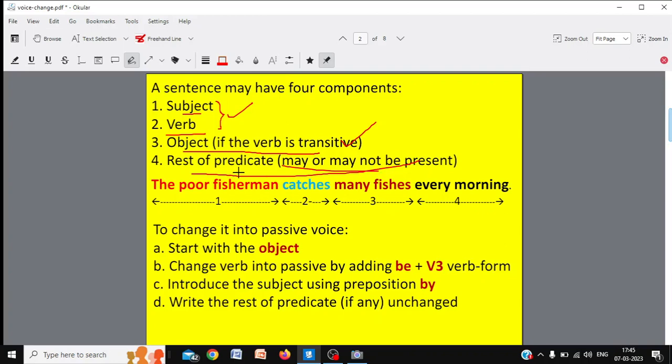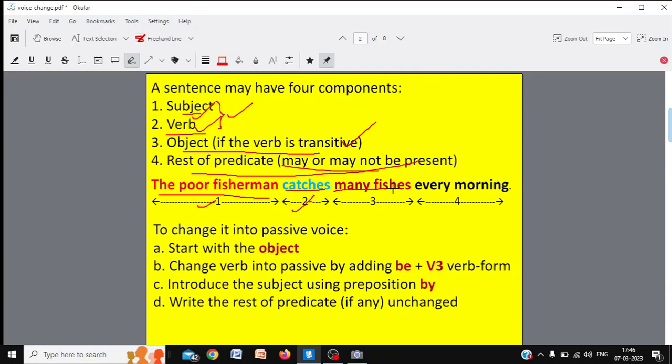Now let us take the sentence: the poor fisherman catches many fish in the morning. The poor fisherman, subject, that is 1. Catches, verb, that's number 2.